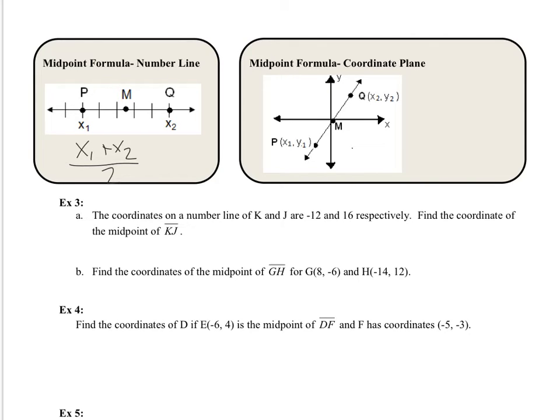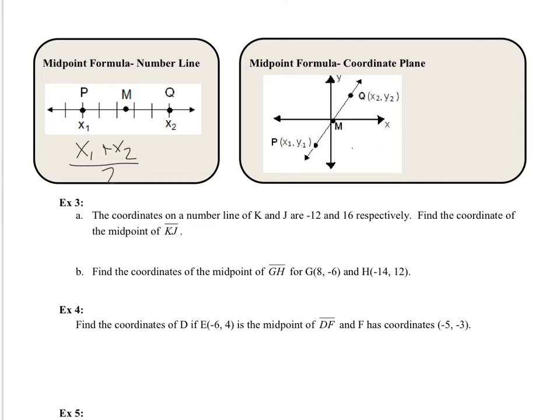Now the easy way to think about this is the same thing as finding the average of two numbers. Now when we talk about averages, what we do is we add up all the points and then we divide by the number of points that we just added. In this case we only have 2 points, x1 and x2. So we divide by 2 because that's how many points we have, and that is our halfway point or our midpoint.